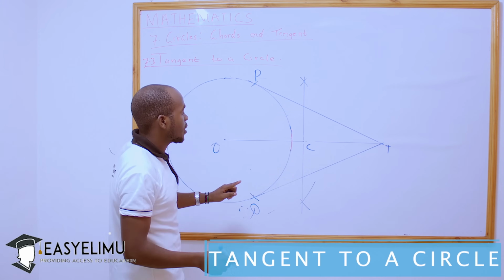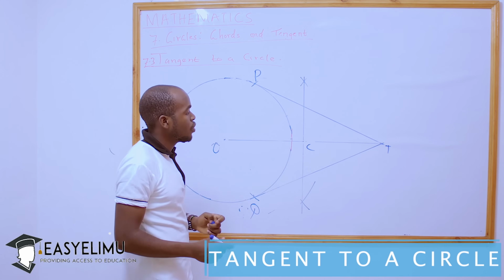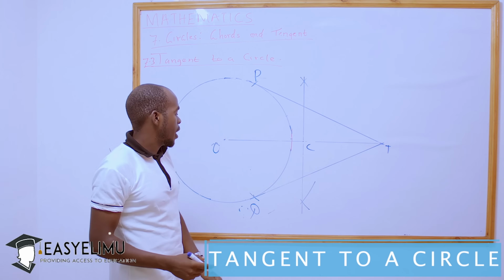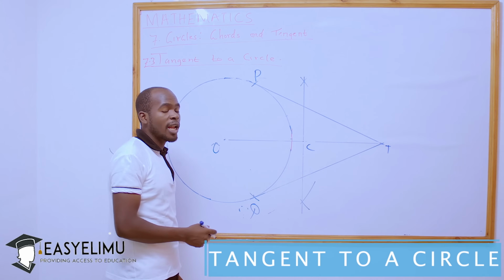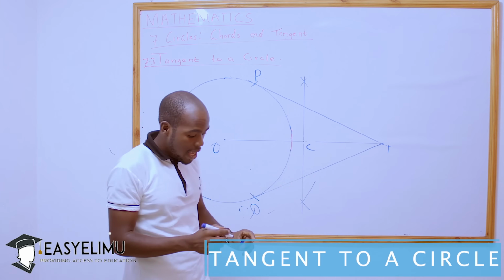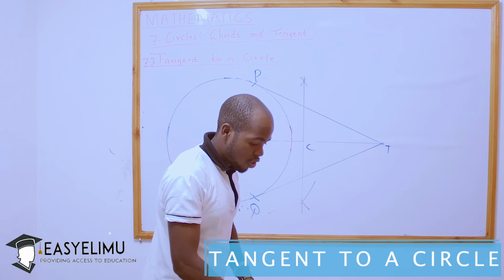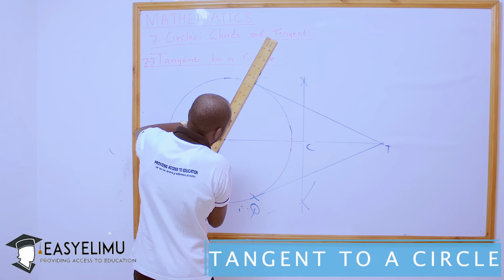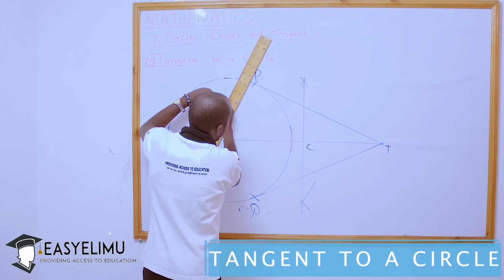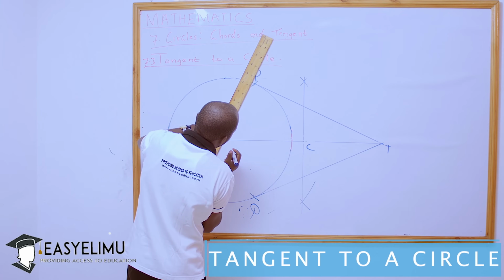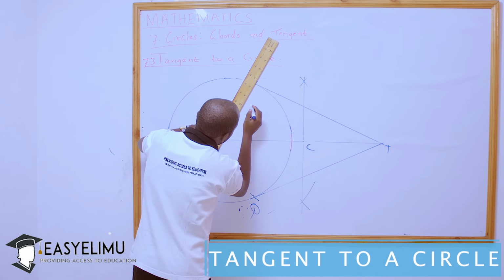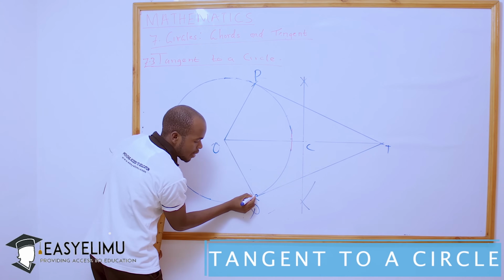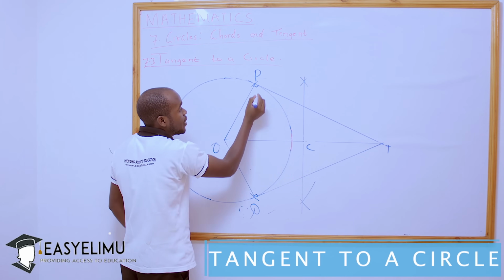So after cutting the arcs on the circle, you join the points on the circle to T. You will find there are two tangents to that circle, and if you join that point to the center, they will give you a perpendicular to that circle, such as this. If you measure this angle here, it is 90 degrees, the same way as that.